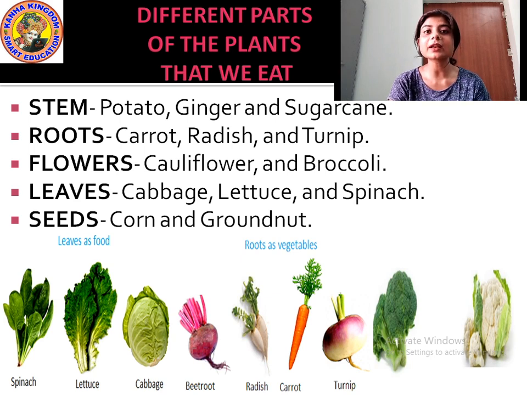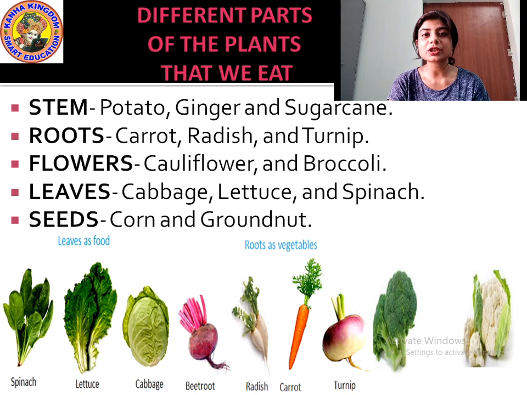These are the different kinds of food that we eat as root of a plant. Okay, this carrot, radish and turnip are actually the root of the plant. Understood? These are called root of the plant because they grow inside the soil. That is why they are called root of the plant.